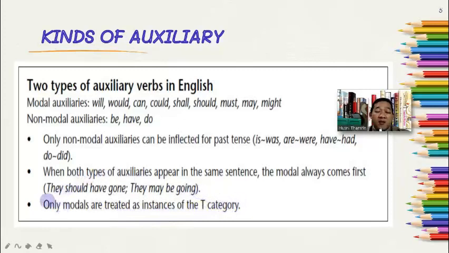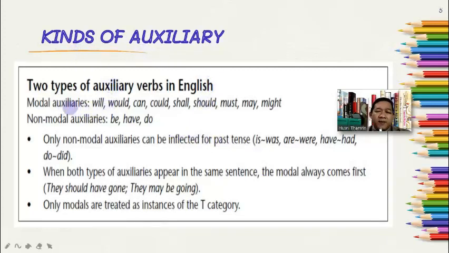Ya, di sini hanya modal yang bisa diperlakukan atau digunakan sebagai kategori untuk tenses. Okay, and from this explanation I think you know there are two types of auxiliary verb. Ya, ada dua jenis.